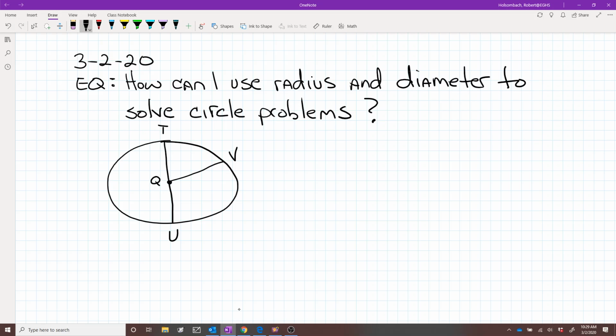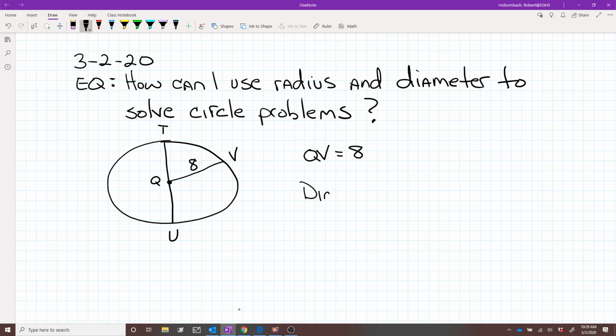And you are told that QV equals 8. QV, what does that represent in this circle? That dimension right there. Good, that's the radius. And you are asked to find the diameter of circle Q.